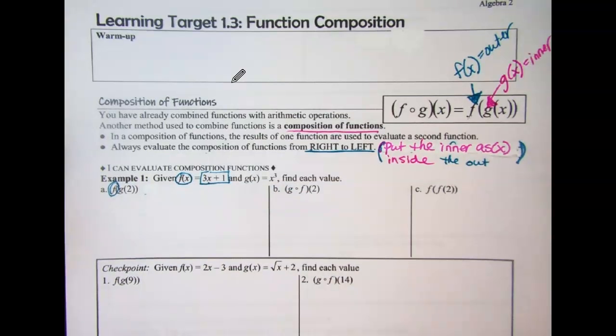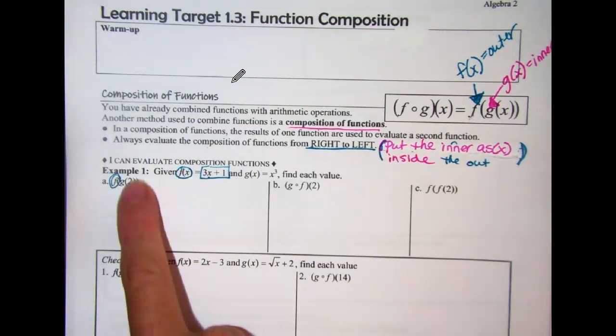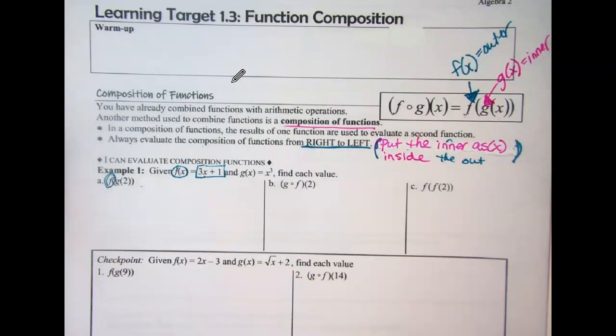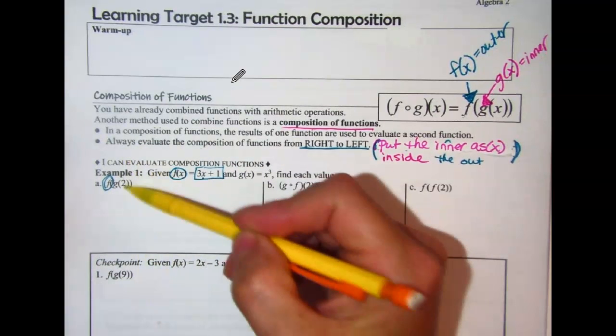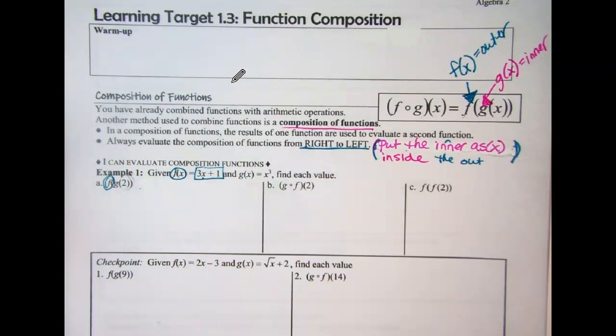Now, remember, I said I like to do it a little bit differently. I like to first just combine the functions without this number here. So I don't even look at this number yet. I wait to the end to plug the two in. I actually combine the functions first. And it's multiplication, so we are a little familiar with already doing this, and that's why I like to do it that way.